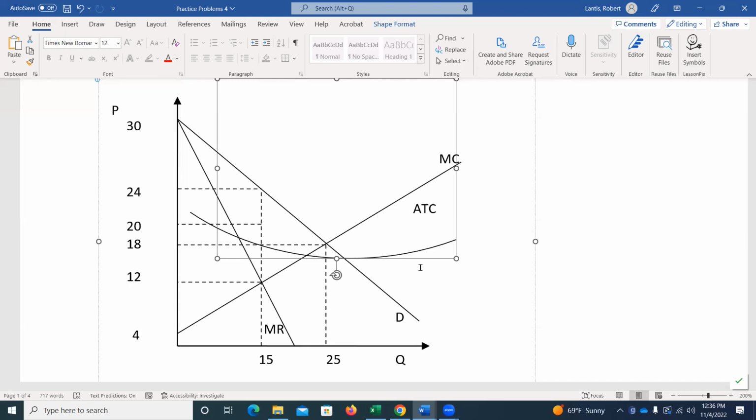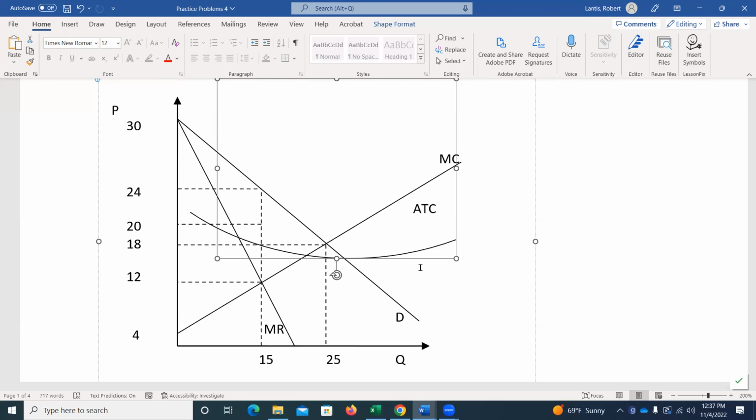We're at the allocatively efficient quantity. Total surplus is maximized. But what would consumer surplus be? Everybody's being charged exactly how much they benefit. The difference between the demand curve and the price, well, they're now the exact same thing. So total surplus is maximized, but consumer surplus is minimized, down to zero.